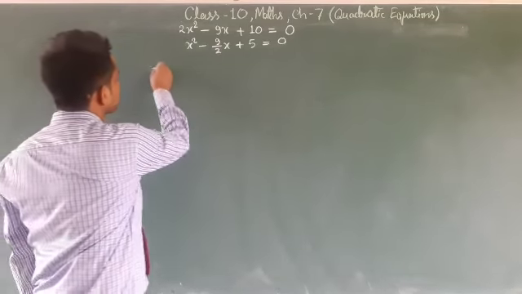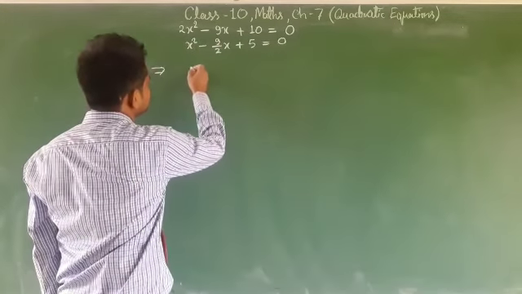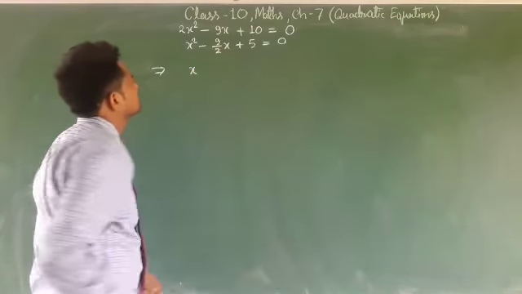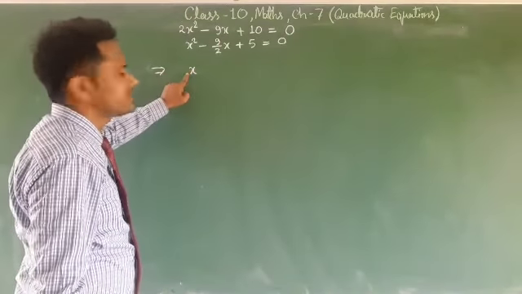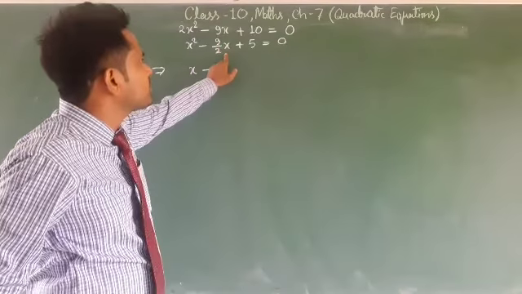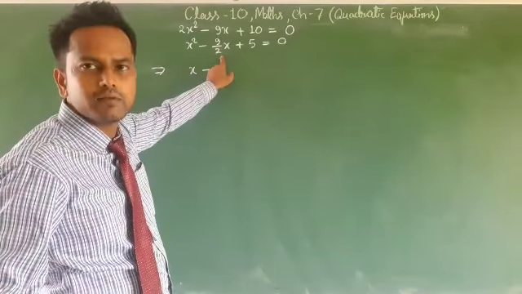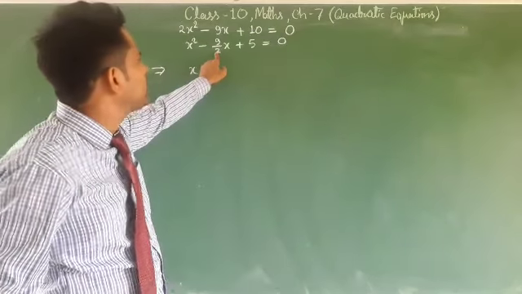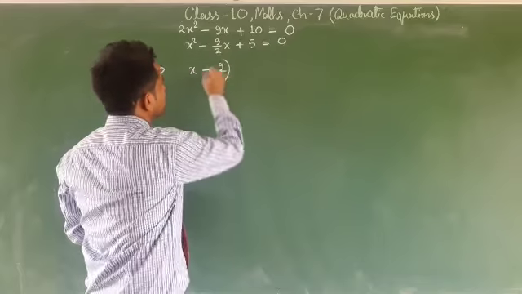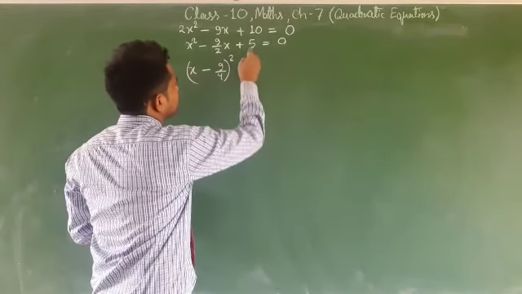Now write down x square as x, and the coefficient of x is 9 by 2. You have to make it half, then this will become 9 by 4. Make a perfect square.